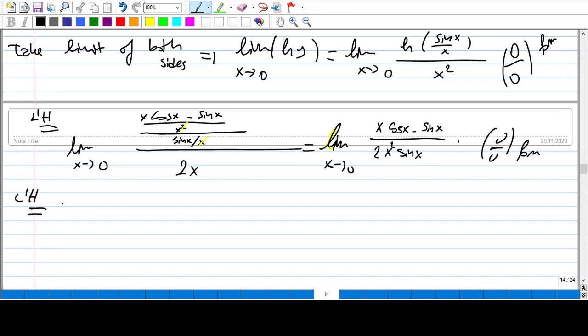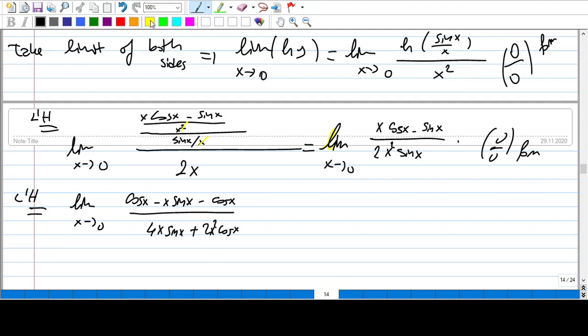Apply L'Hopital again. Limit x to 0, derivative of the above term: derivative of x times cosine is 1 times cosine minus x times sine, then derivative of the second one times the first one, minus cosine x, over the derivative of 2x squared, let's say 4x times sine x plus 2x squared cosine x.